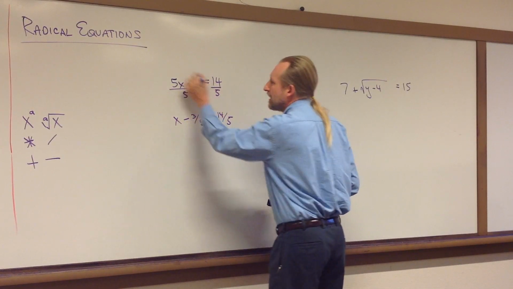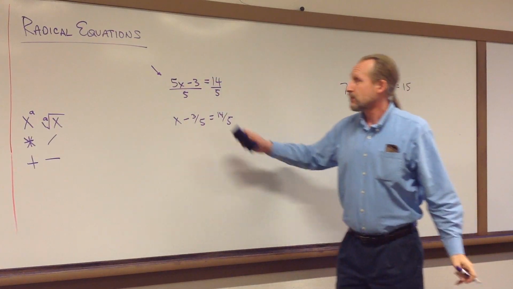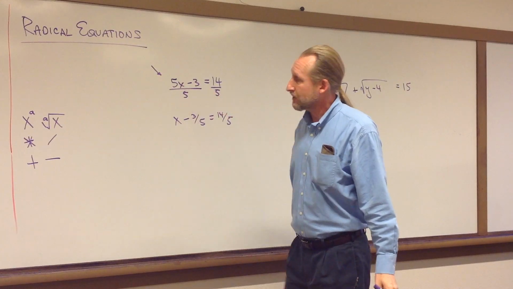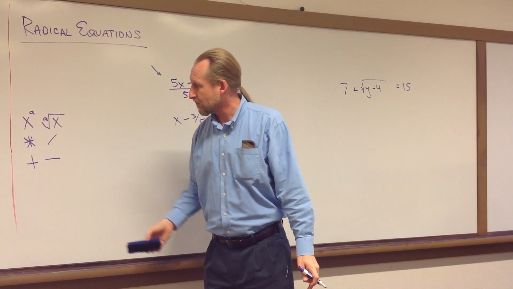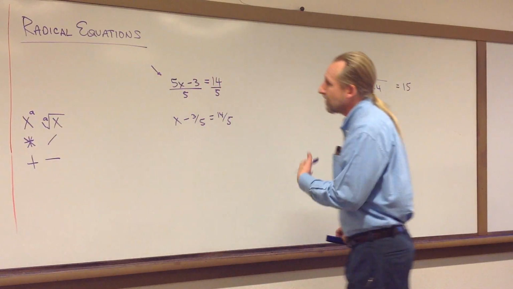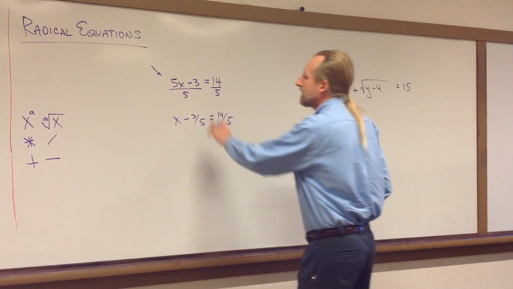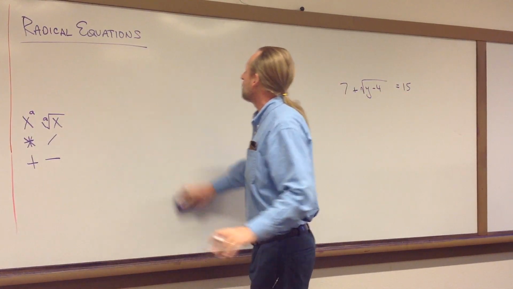It's just that most people have real difficulty with this, because what we're doing is distributing the dividing across the subtraction. In the same way that we can distribute multiplication over addition or subtraction, we can also distribute the dividing. But people often have difficulty with that. That's why I say it's usually best to add the 3 over and then divide by 5.